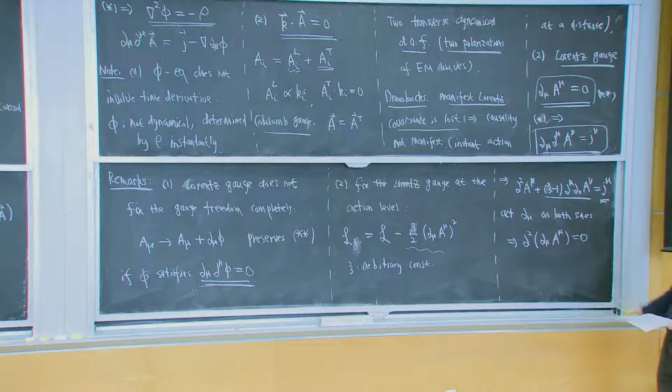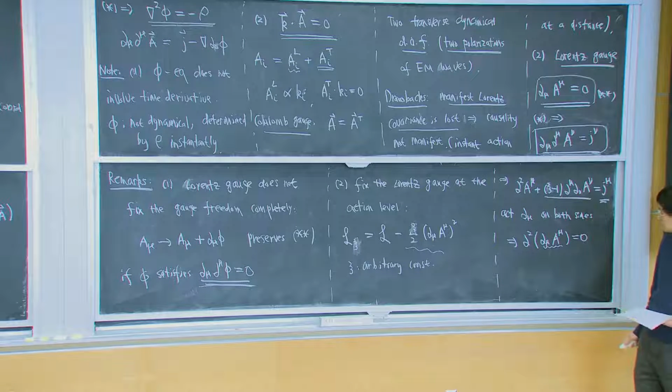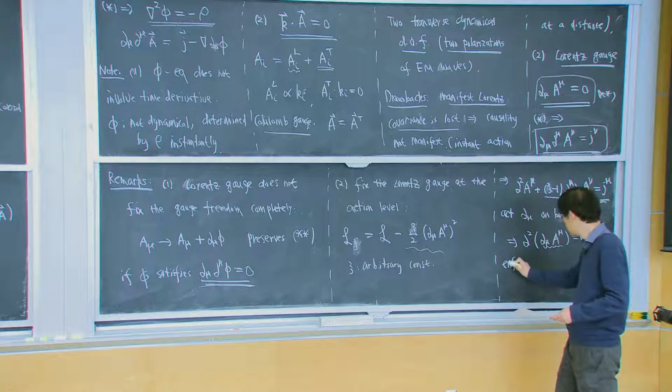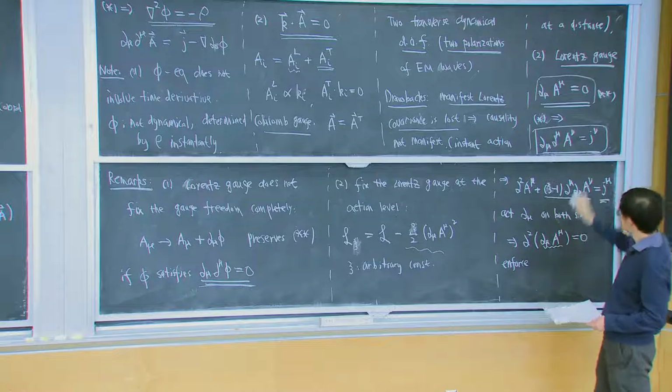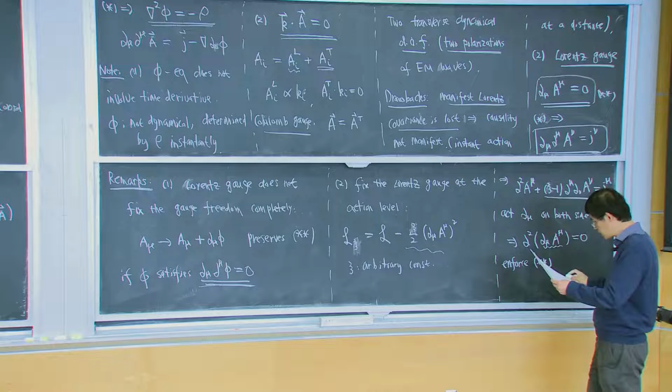So now we can impose partial mu A mu equal to 0 by imposing boundary conditions.